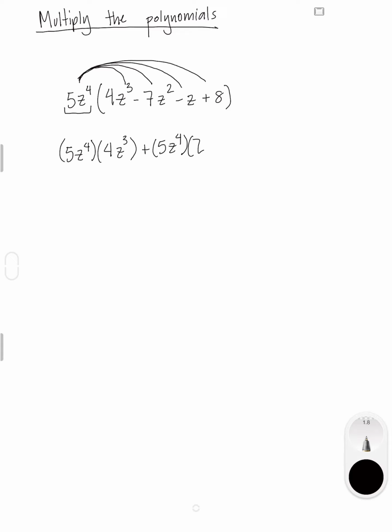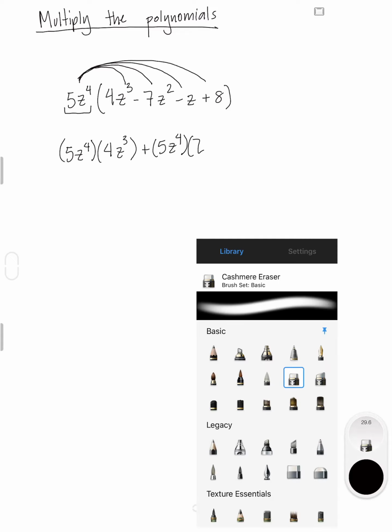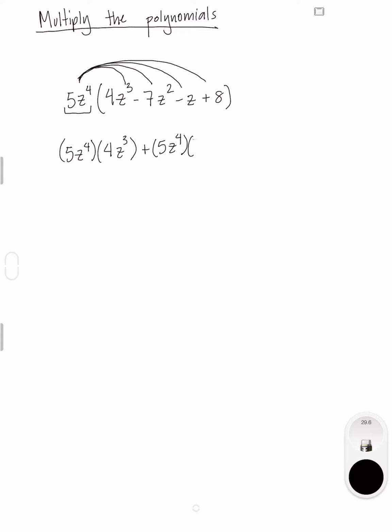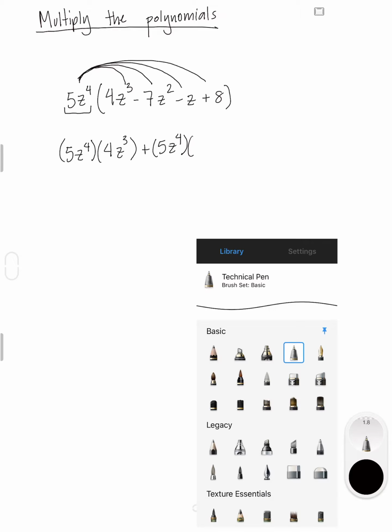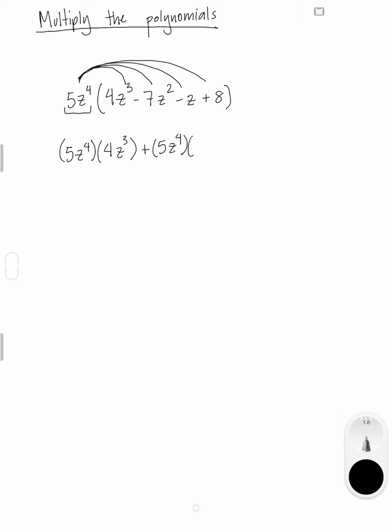Here I'm going to go ahead and expand it. At one point you're not going to have to do that, because I'm sure you're going to know how to multiply just in your head, and you're not going to have to write everything down. But just so you can visualize what's going on, I'm going to go ahead and expand it. And then plus 5z to the fourth times negative z, and then plus 5z to the fourth times 8.